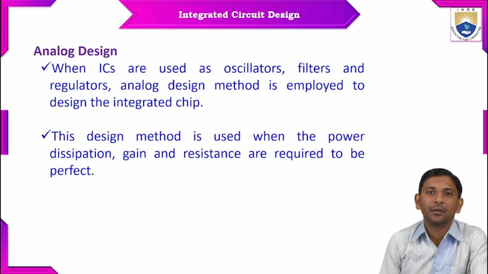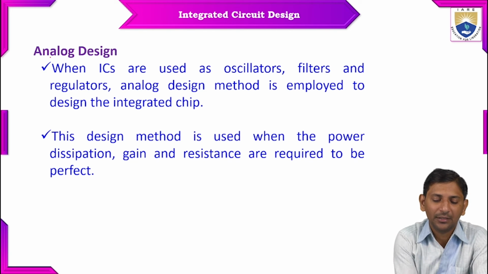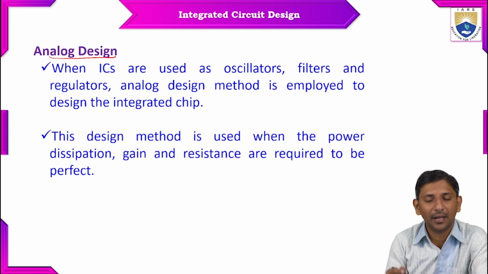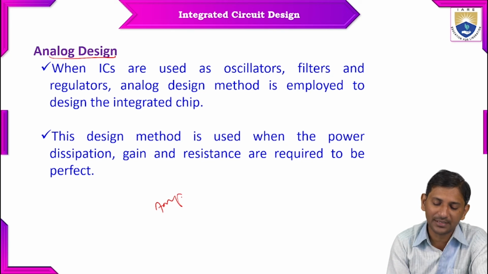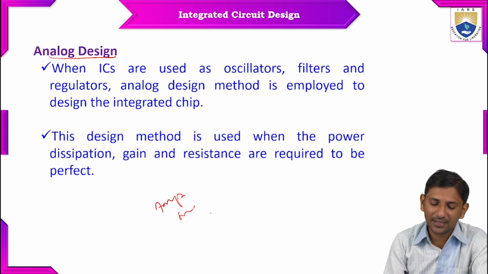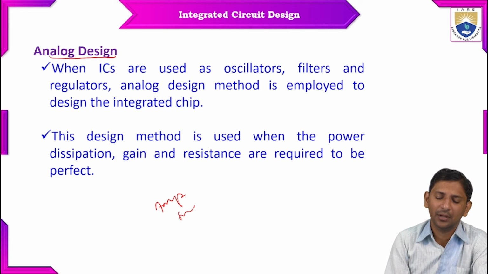Analog IC: as the name itself mentions, it performs analog operations, for example the amplification process or switching operation. Transistors are actually switches, so we can use a transistor to design an IC, and an IC can also be used as a switch.